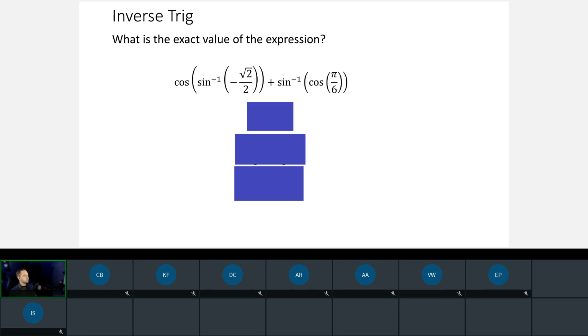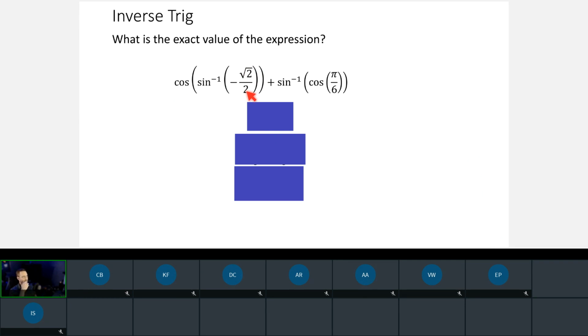Okay, what is the exact value of the expression cosine of the arc sine of negative radical 2 over 2 plus the arc sine of cosine of pi over 6? So when doing these, you can just type it all in. You may want to type this segment in separately to get two fractions. Or you work from the inside out. So you look at, what's the arc sine of negative radical 2 over 2?